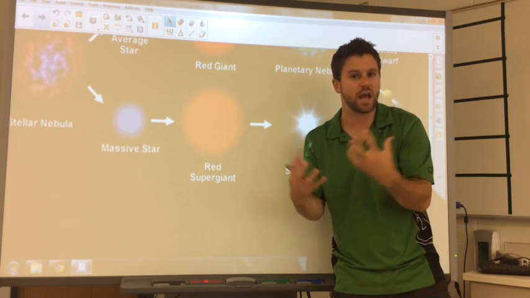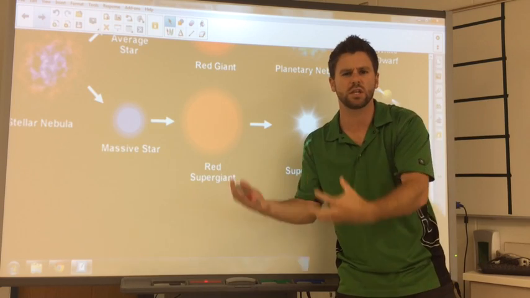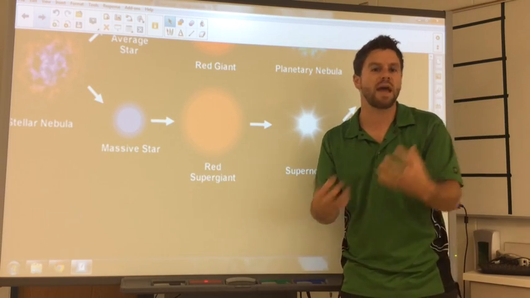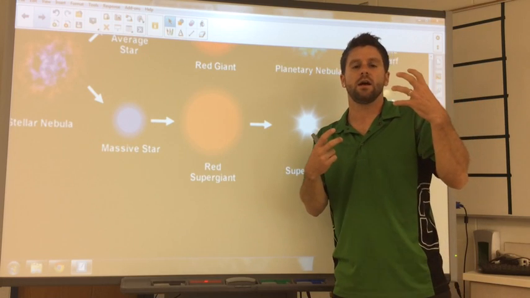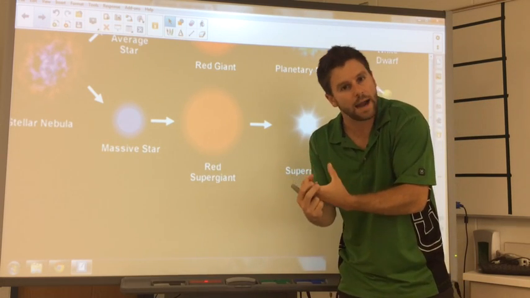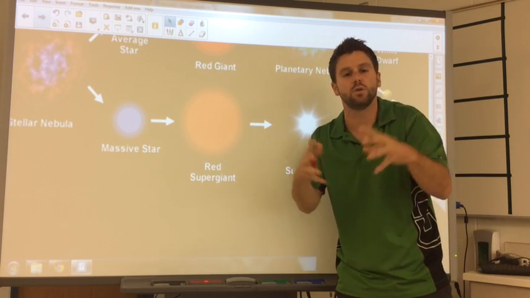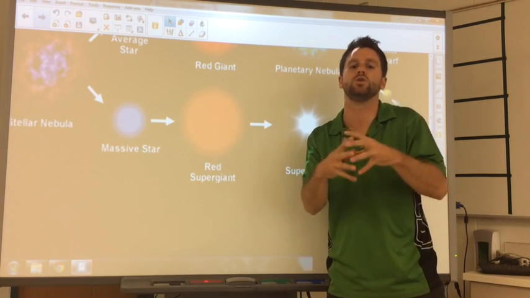But this time, it doesn't have any hydrogen and helium. It's got carbon, and that carbon is turning into silica and oxygen and magnesium. Eventually, that magnesium and oxygen and silica will turn into iron, right? It will fuse into heavier and heavier elements into iron.